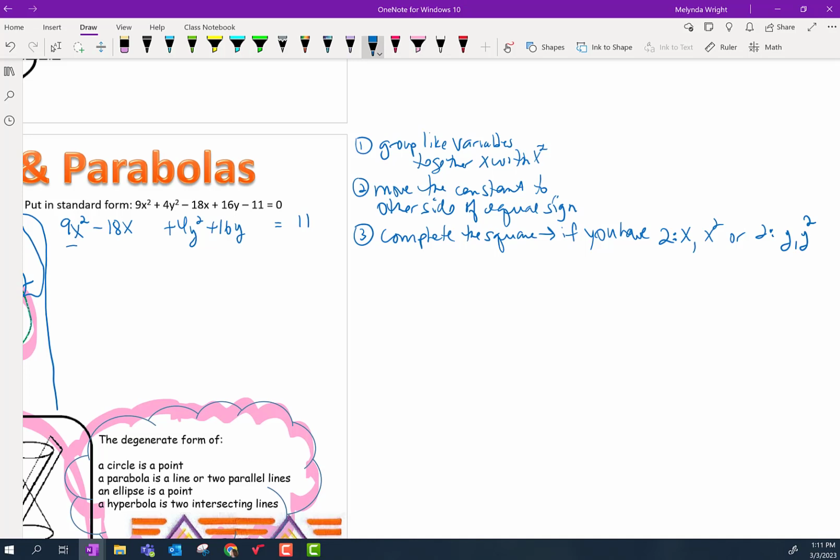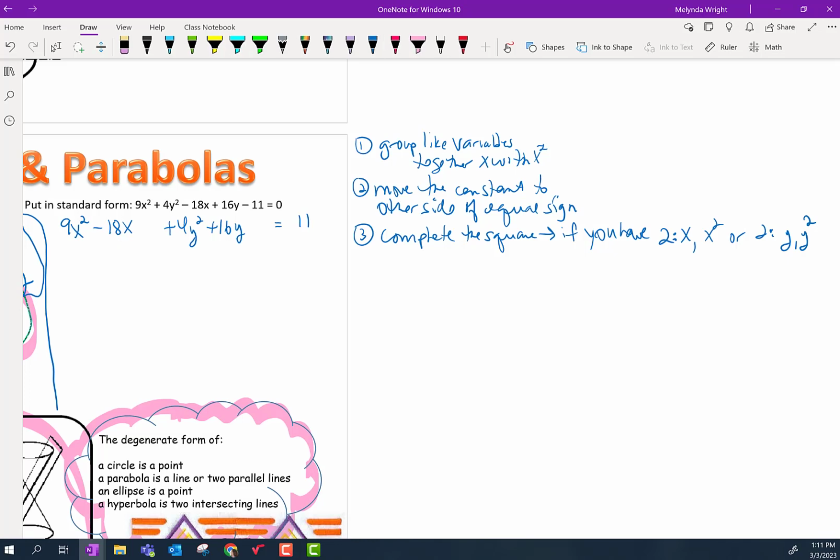If it just said 9x squared and there was no 18x, we wouldn't have to complete the square, but that's going to be rare. But I need you to understand that you wouldn't have to if there wasn't this extra x or this extra y.